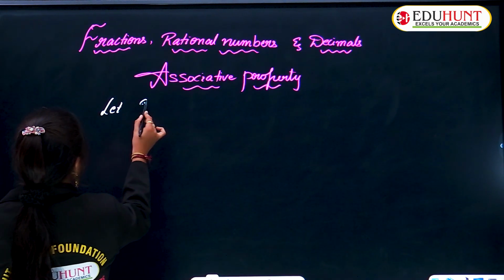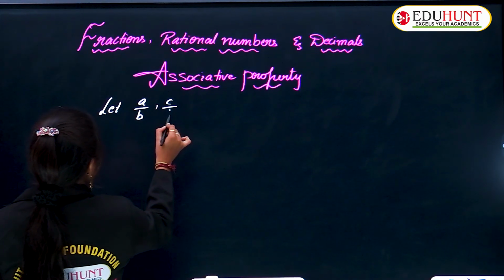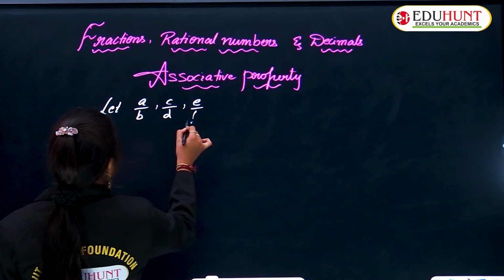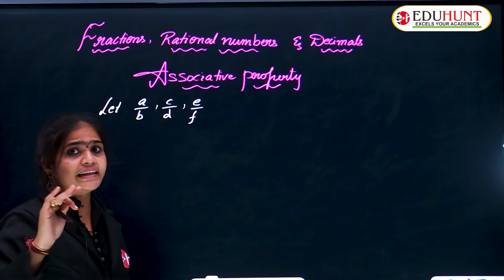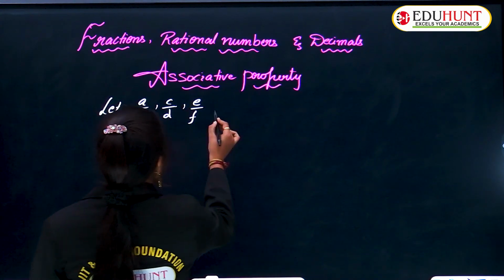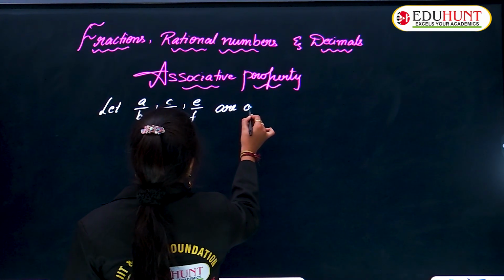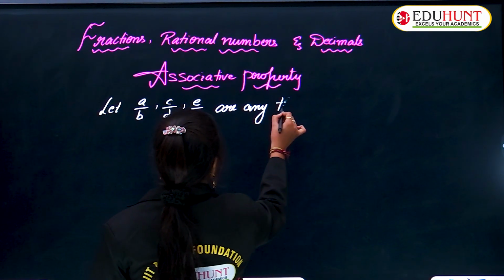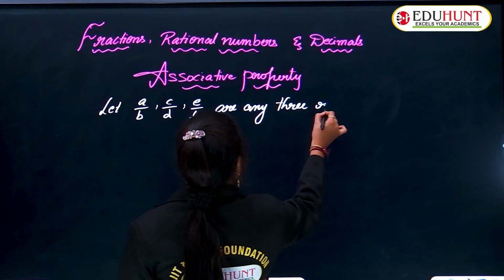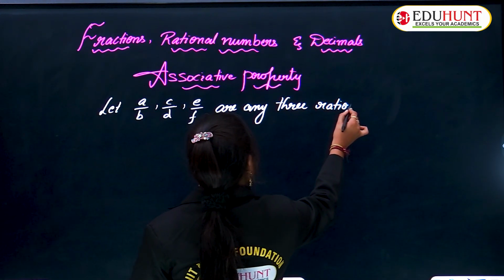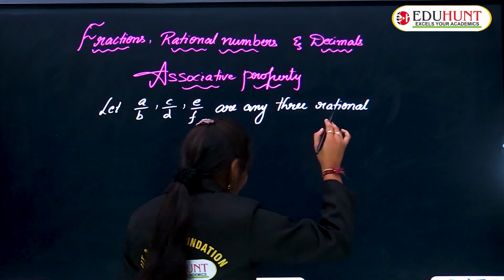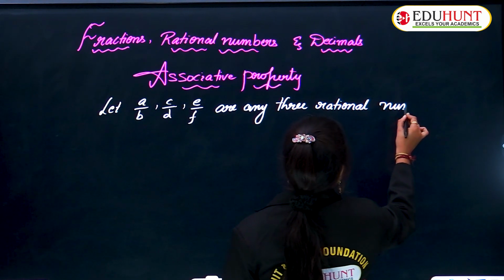Let A by B, C by D, E by F. Here we have to take three rational numbers, or any three rational numbers. Previously we took only two rational numbers, but here there are any three rational numbers.